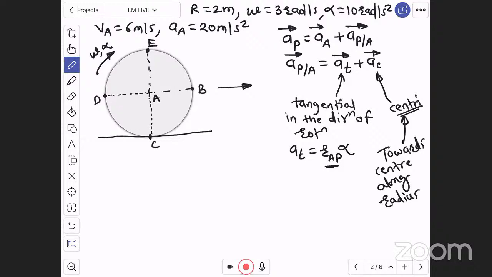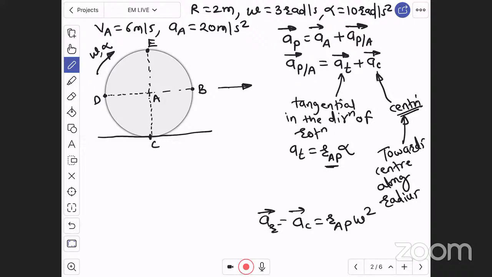Centripetal acceleration is also called radial acceleration AR. The centripetal acceleration AC is given as the distance of the center from the point P, into omega square, that is R omega square. This is how we can calculate centripetal acceleration.